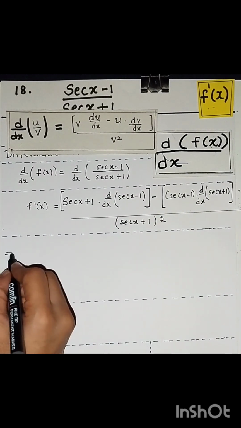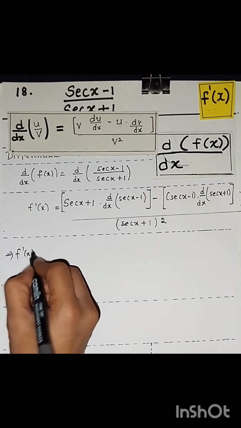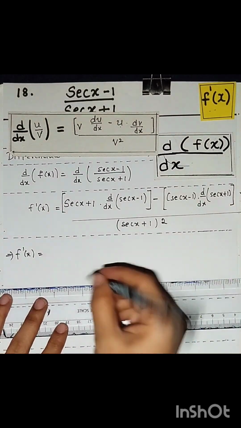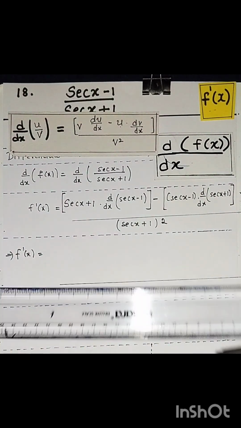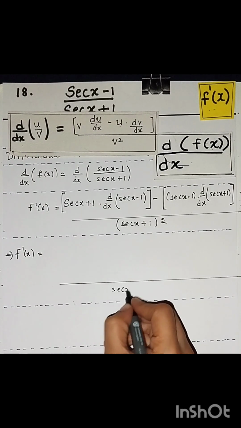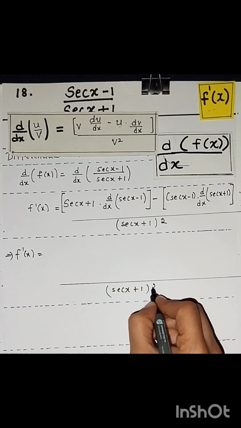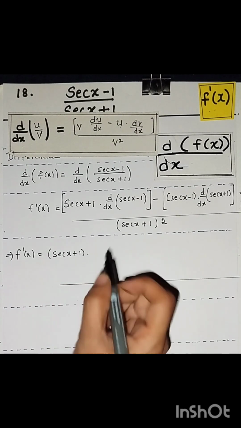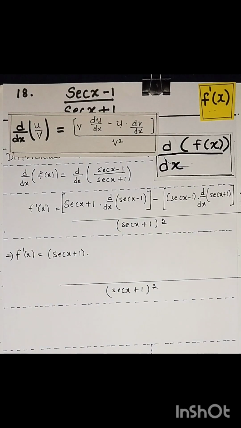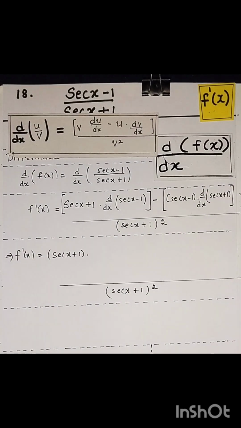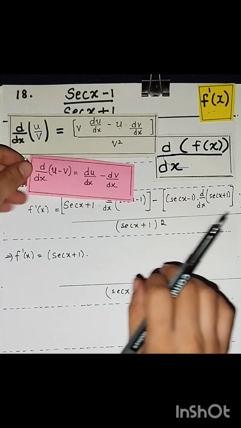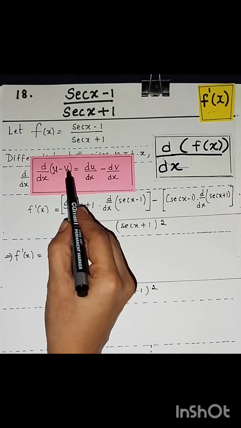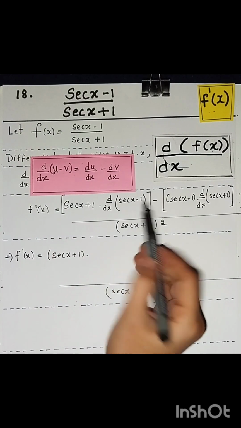Right. Now this implies f dash of x is equal to, so in the denominator secant x plus 1 the whole square. Here it is secant x plus 1. So d by dx of secant x minus 1. So we will apply the u minus v rule. So secant x minus 1, d by dx of u minus v.